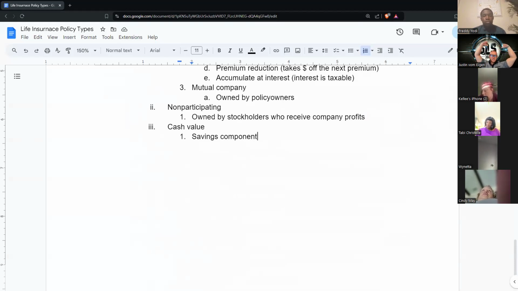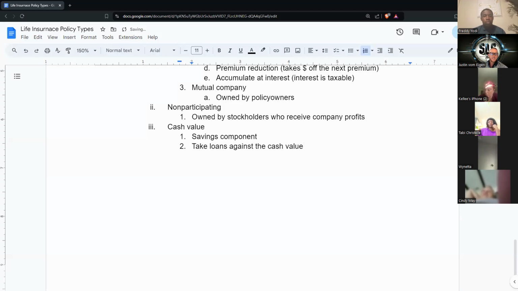So the policy is worth something over time. It's like if you're paying into a house, you start to have equity in the house over time. So there comes a point when the policy is worth something, it has value, and that's what's called cash value. At that point, it's an asset that you can take money from. So you can take loans against the cash value.